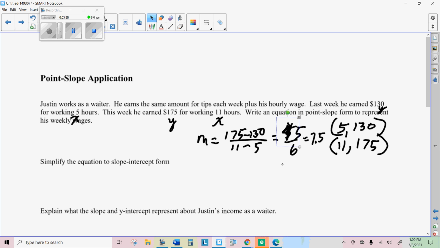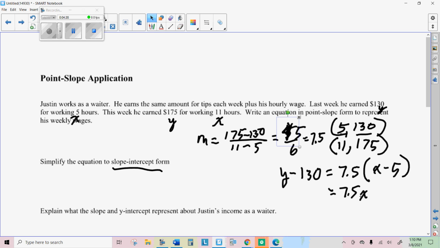Okay, so now if I write that in point slope form, I just need to pick one of these 2 points. I'll pick this one and do y minus 130 equals 7.5 times x minus 5. And then if I want to put that in a simpler form, slope-intercept form, all I have to do is distribute the 7.5, so 7.5x minus 37.50, that's 7.5 times 5, and then add 130 to both sides.